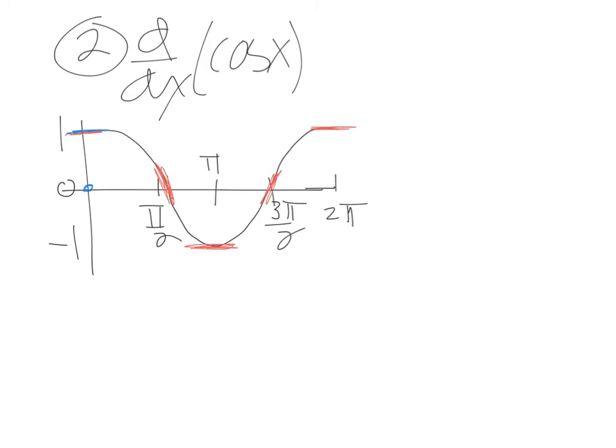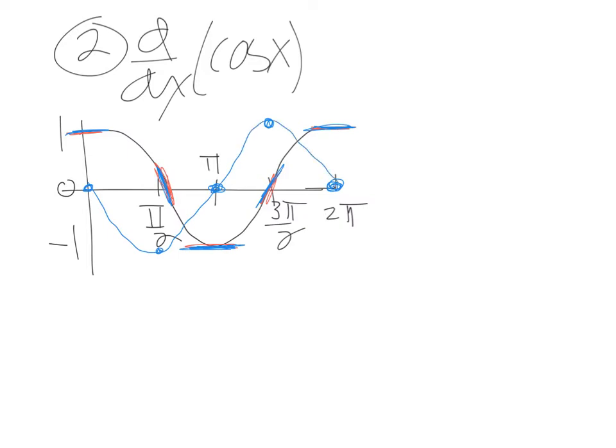At pi by 2, the slope is negative. At pi, the tangent is horizontal, so the slope is 0. At 3 pi by 2, the slope is positive. And finally, we have a horizontal tangent at 2 pi, which brings us back to 0. So connect the dots.